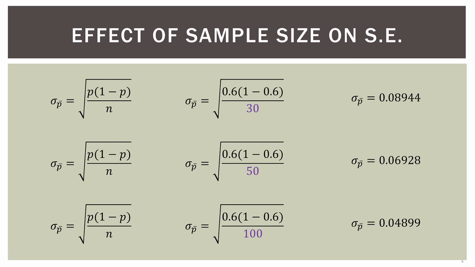And remember, that is the beauty of statistics, is that you do not have to increase the sample size to a crazy number to get the benefits of that increase. So here from 30 to 100, we almost cut our standard error in half. So just a modest increase in sample size can really decrease that standard error.